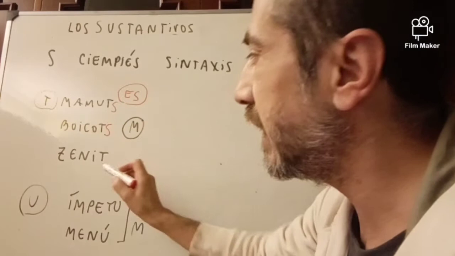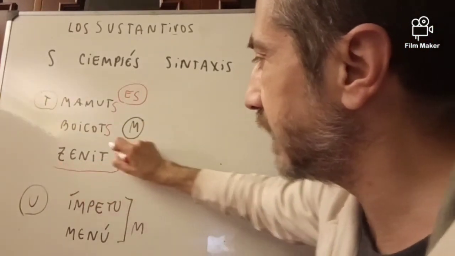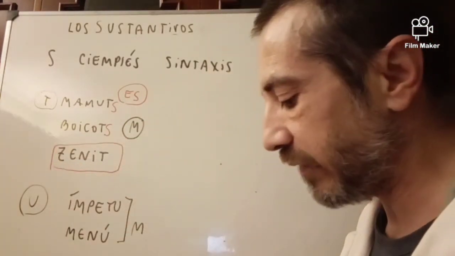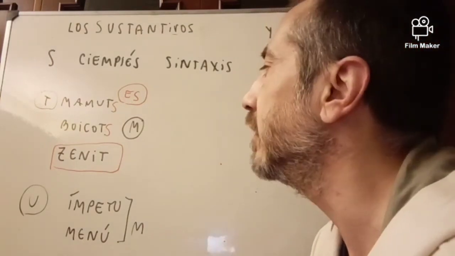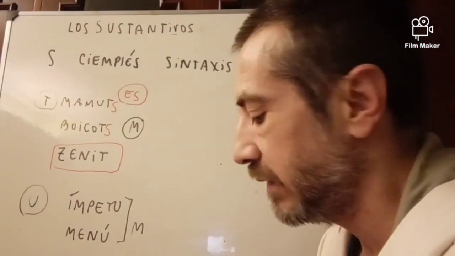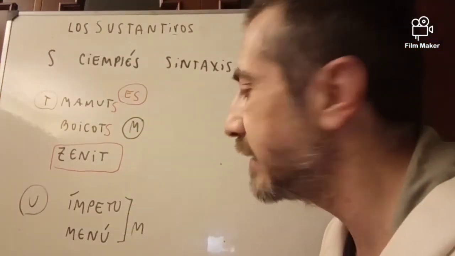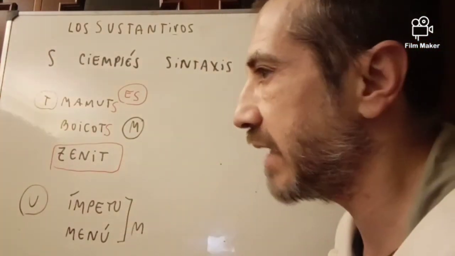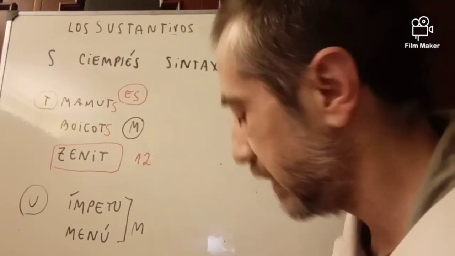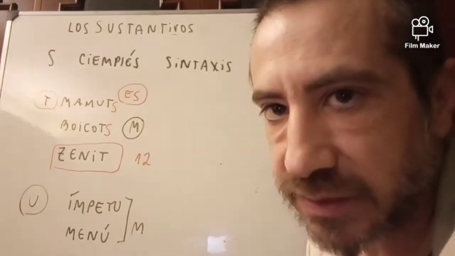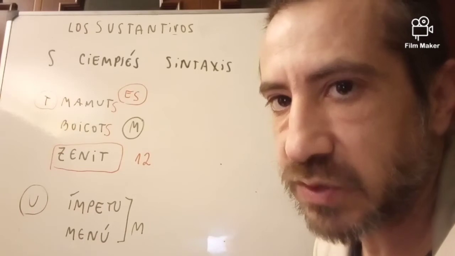Los boicots. And we don't have a plural for zenith because it refers to only one phenomenon, when the sun is perpendicular to the earth, at 12 in the afternoon. Well, of course not at 12 at night, because I'm talking about the sun.